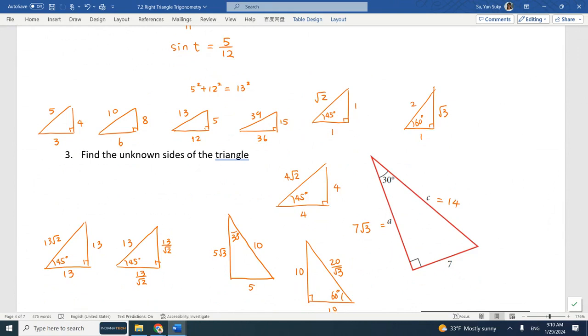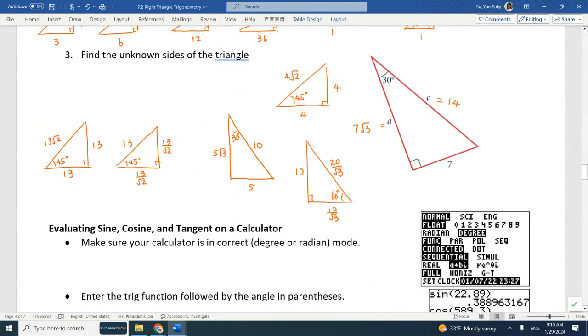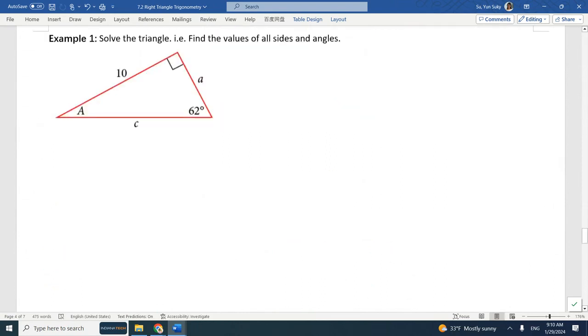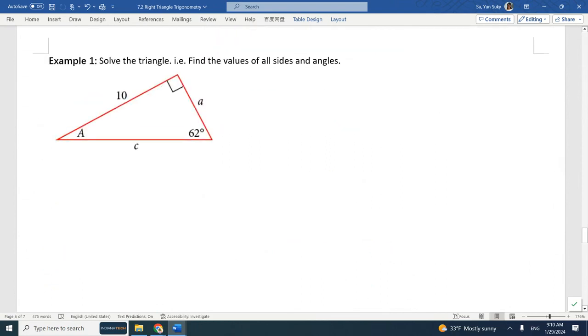Do you still remember that? And if it's 60 degree or 30 degree, the ratio is 1, 2, square root of 3, right? Okay, we know those special angles. But what if our triangle is not those special angles? Well, then in this case, we need to use the trig function to help us calculate.